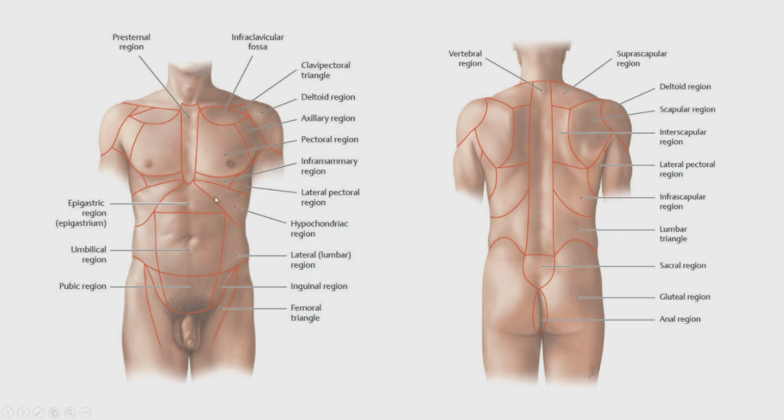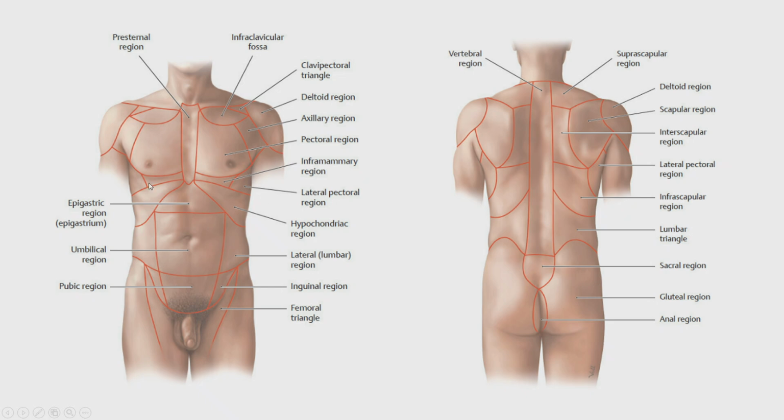The abdominal wall or abdominal cavity is also subdivided into different regions. For example, epigastric, hypochondriac, umbilical, pubic region, lateral, and the inguinal regions.